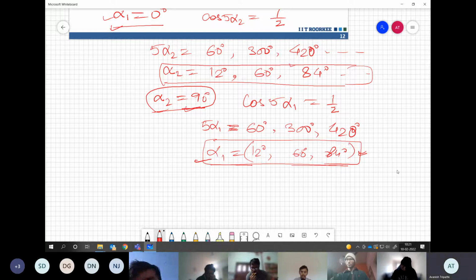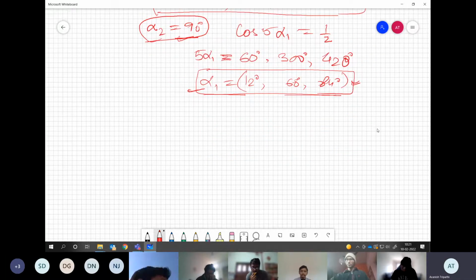Now, let me say that if you introduce another number, say alpha 1 is equal to 24 degree, what is the value of alpha 2?